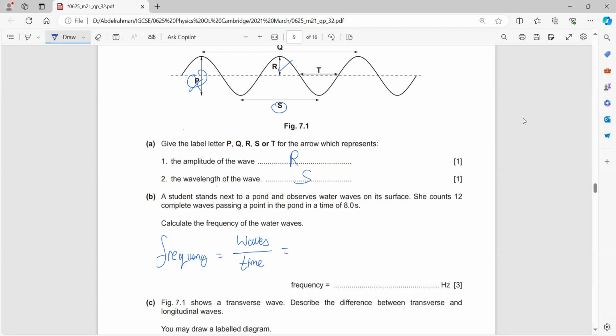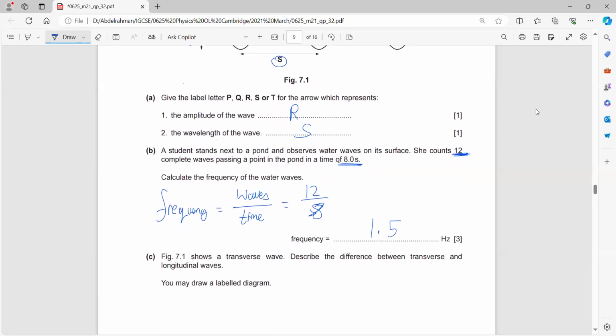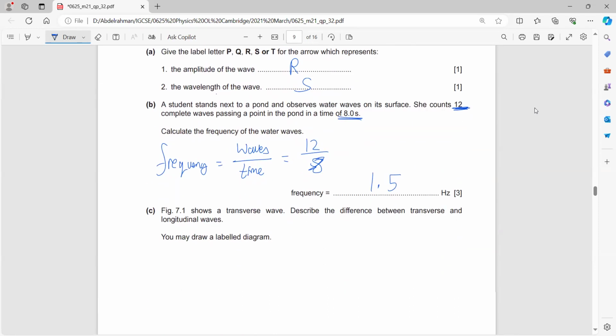In this question, she counts 12 complete waves in a time of 8 seconds. So 12 divided by 8 is 1.5 hertz. Frequency is the number of waves per unit time.